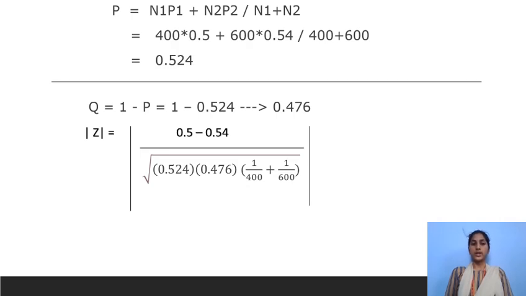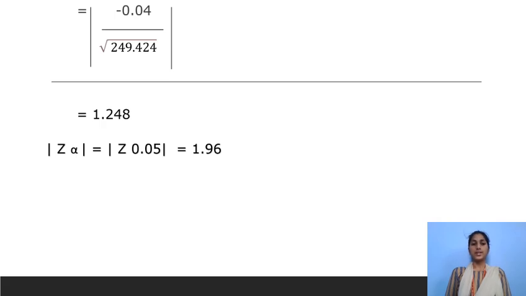By calculating this sum, we will get mod minus 0.04 by root 249.424. After that, calculating that, we will get 1.248. Mod z alpha, we have to calculate that.